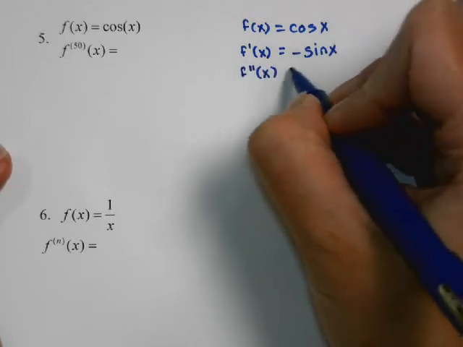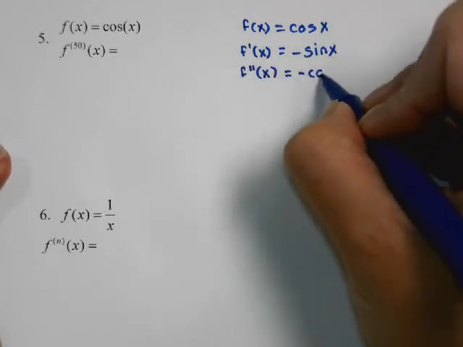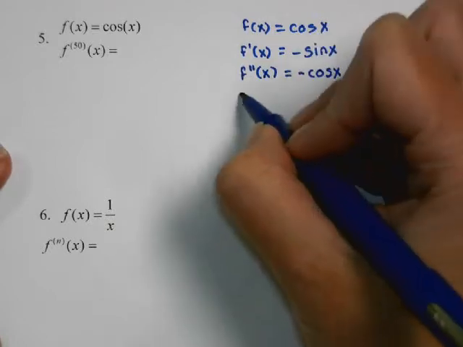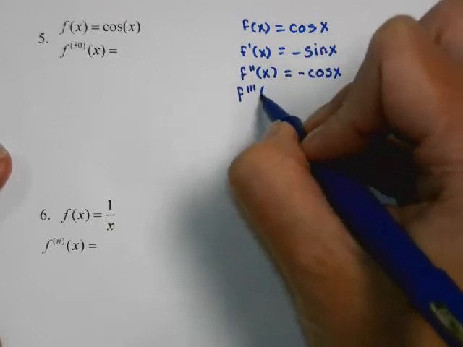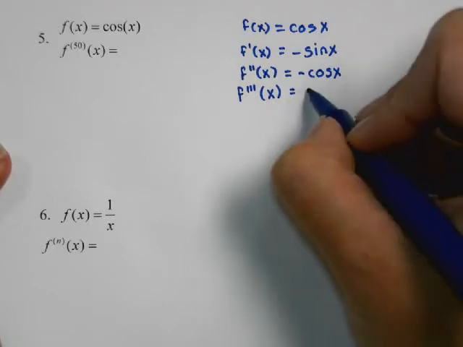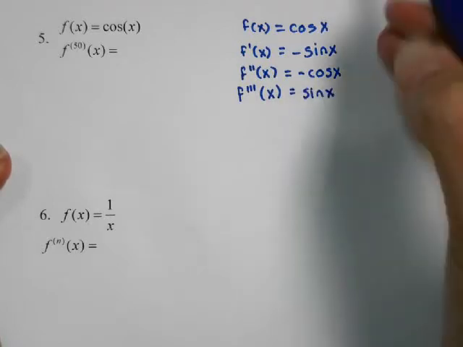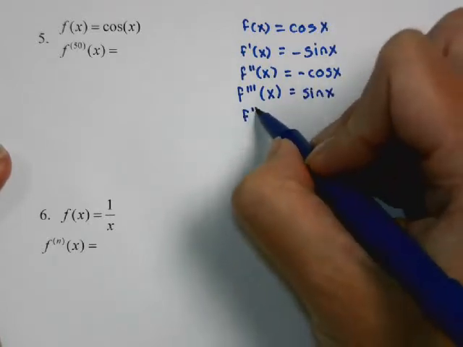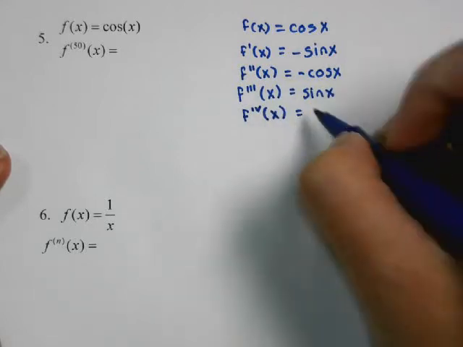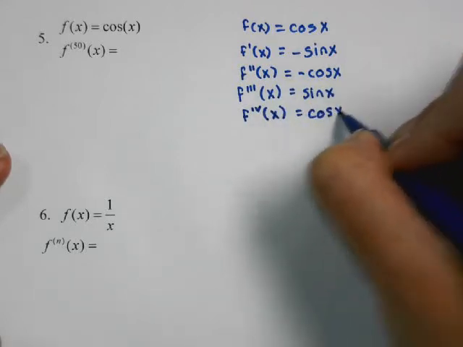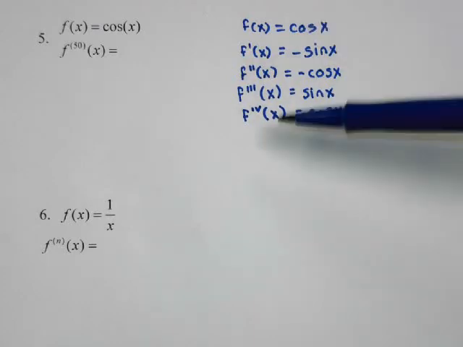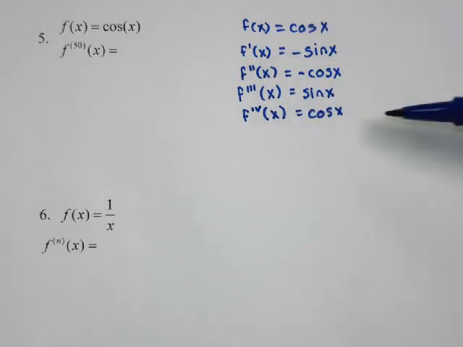The derivative of negative sine is negative cosine. The derivative of negative cosine is positive sine. And the derivative of that goes back to cosine of x. So this is going to repeat. So every fourth derivative is going to be cosine.